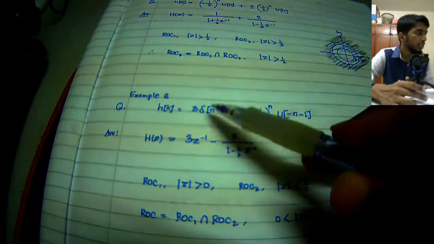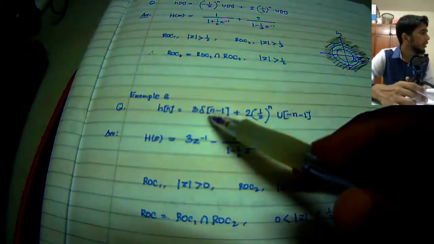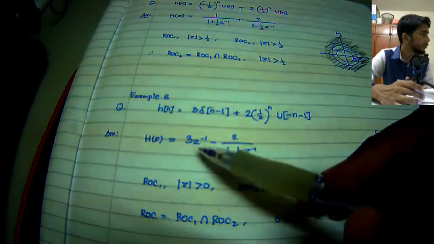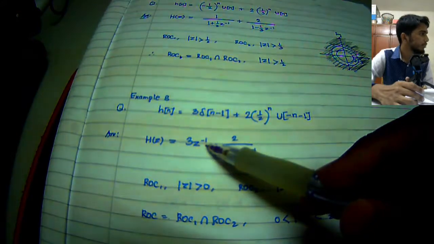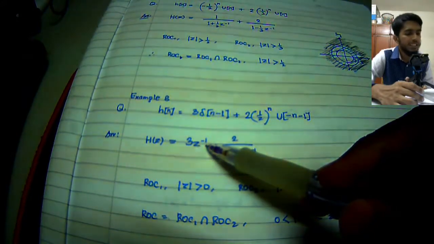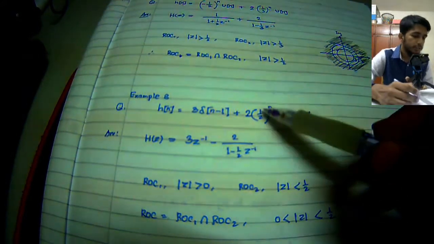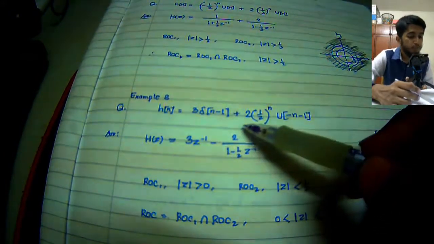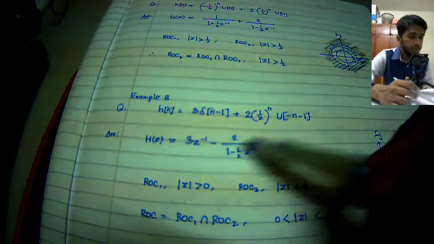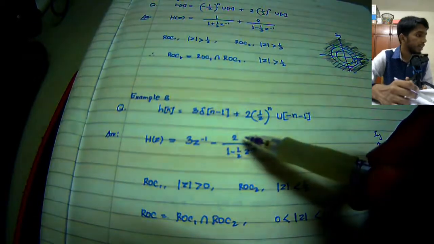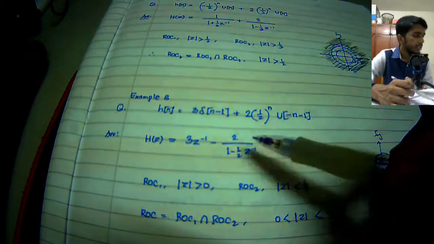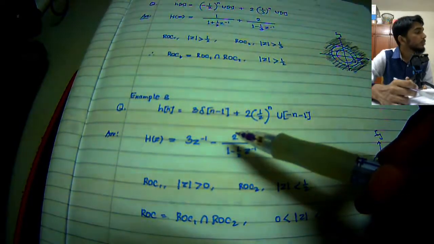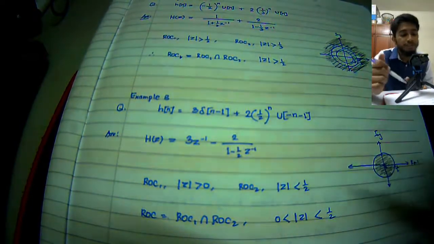From the table we can see that the first one will give us 3 z to the power minus 1. It's equation number 4 from the Z transform pair table. And for the second part we will have 2, which is a constant, over 1 minus half z to the power minus 1, which is equation number 5 from the pair table.